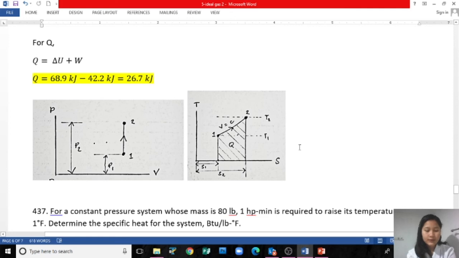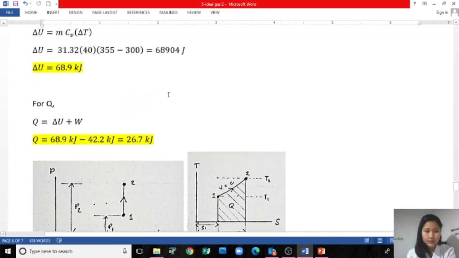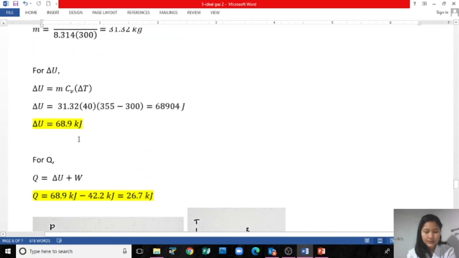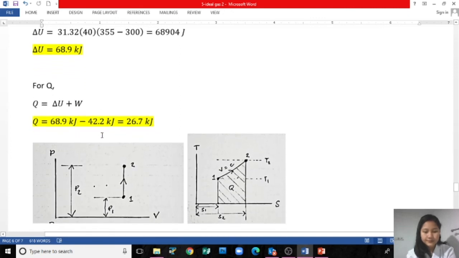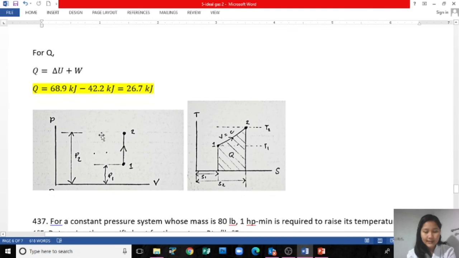So the work in this problem is done by the substance since the W is greater than 0, and since the delta U here is positive, then there is an increase in the internal energy, and heat is transferred to the system since the value of Q is greater than 0.